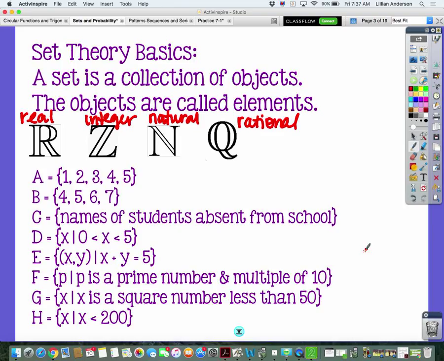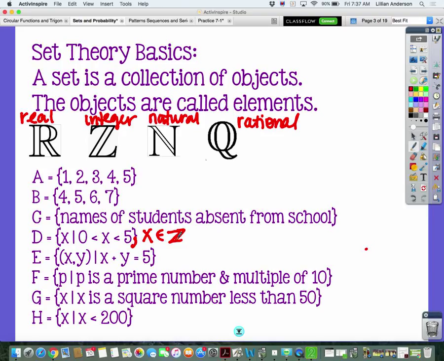In order to make it precise, what would need to be added would be something like x is an element of integers. That way you know exactly what the numbers are. You can think of a precise set as something where you know exactly what type of numbers you're looking for that are a part of the set. So A would be an example of a precise set. B would be an example of a precise set.